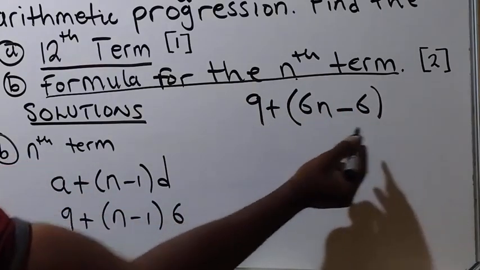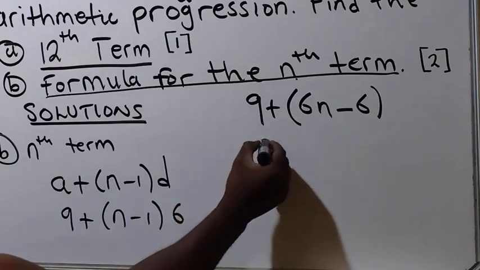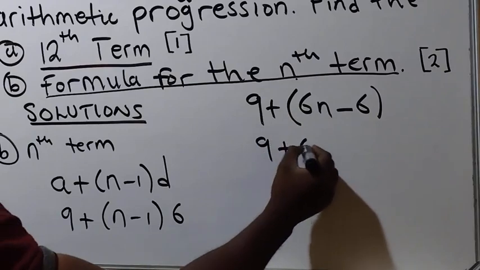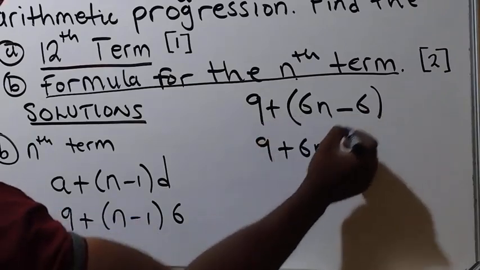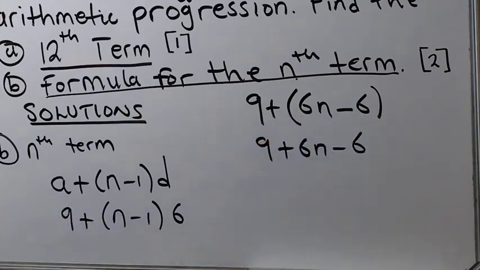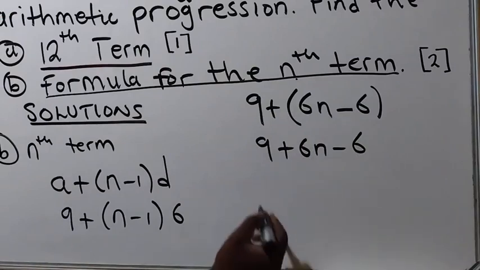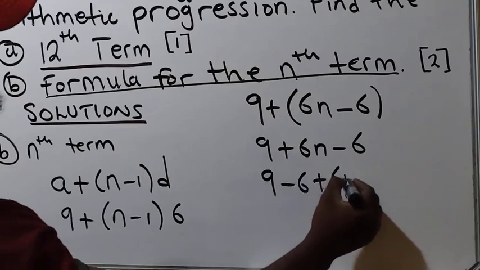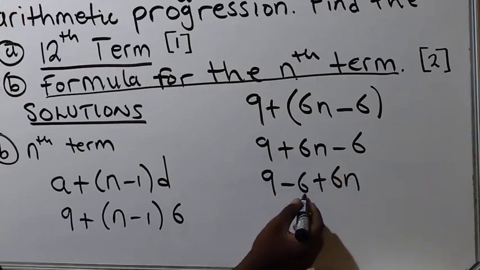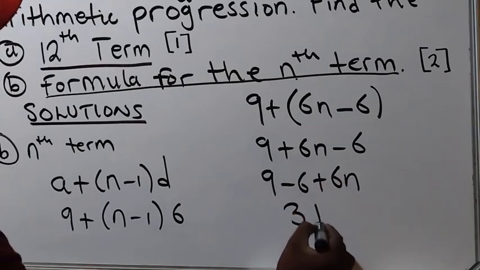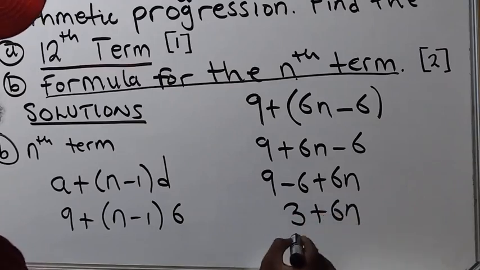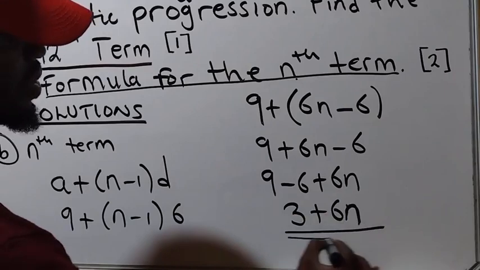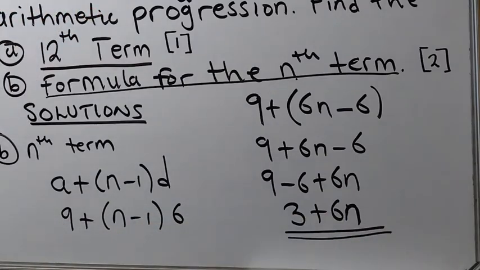Open the bracket by multiplying with a positive: 9 positive times positive 6n gives positive 6n, positive times negative 6 gives negative 6. Group the terms together: 9 minus 6 plus 6n. So 9 minus 6 gives 3, plus 6n. So this is our answer, the formula for the nth term.